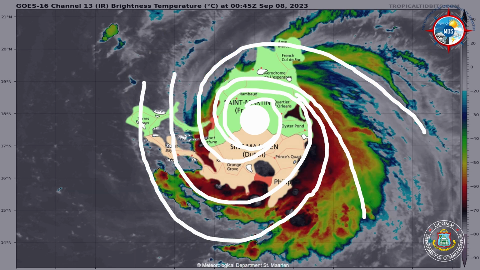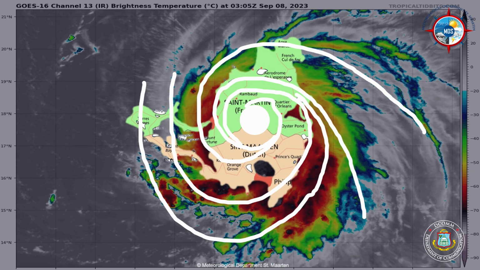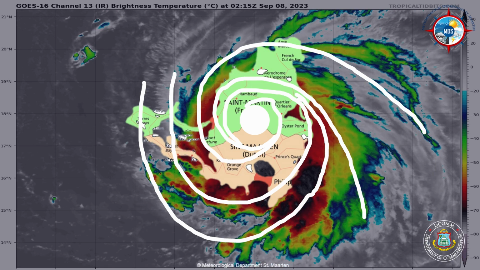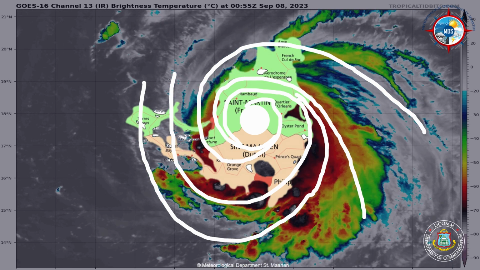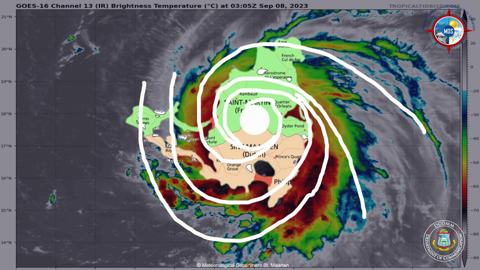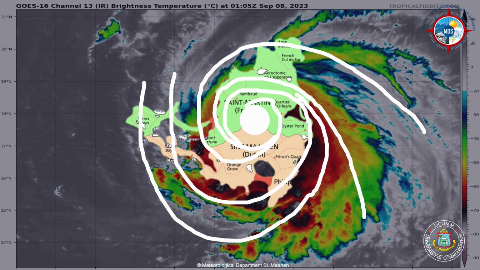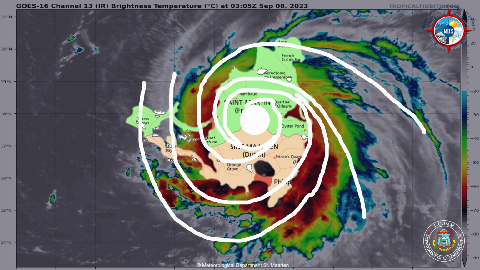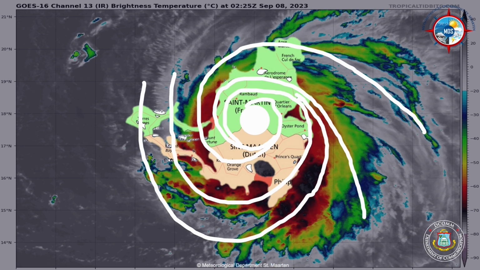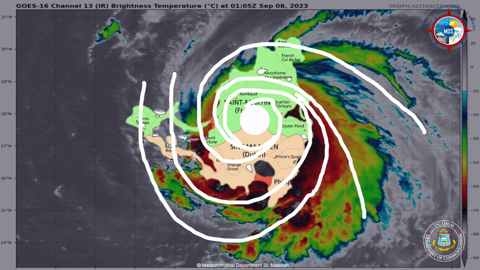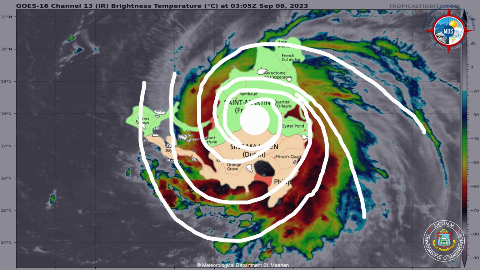But you living in Dutch Quarter, you would be around the eye, which is the eye wall. So you would be experiencing strong winds, whilst people in St. Peter's would be like, nothing happening, man. Okay? And over here, remember I said north of the eye is stronger than the south of the eye.